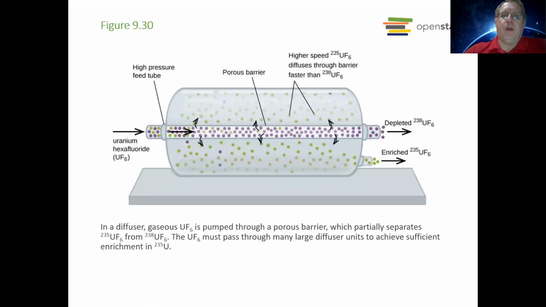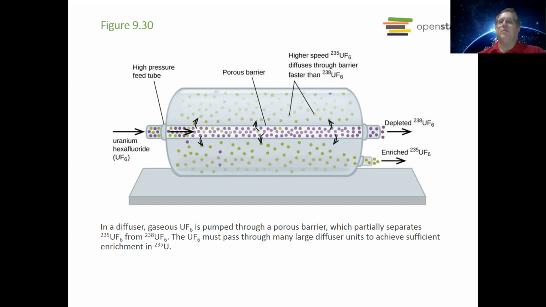And there is a law, Graham's law of effusion, that says that the rate of effusion of one gas to the rate of effusion of another gas is proportional to the inverse of the square root of their molar masses.